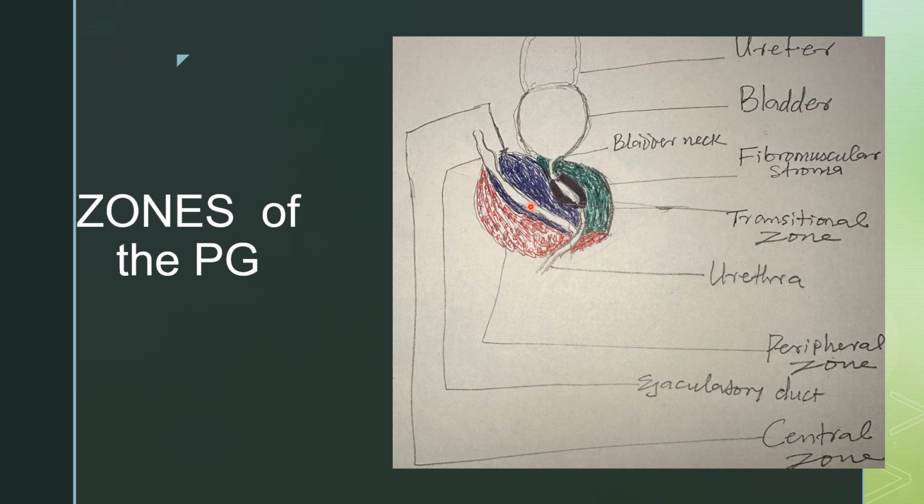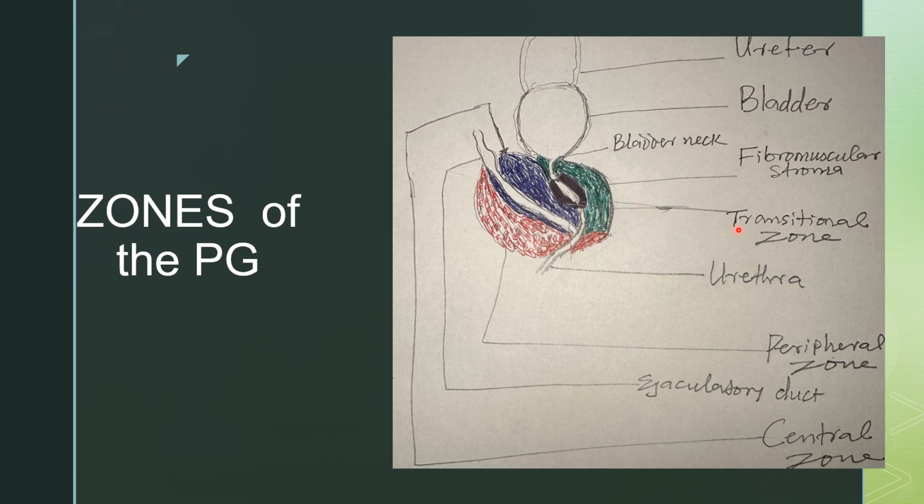So finally, the prostate gland has 4 zones: fibromuscular stroma, transitional, peripheral, central. The ejaculatory duct is passing through the central zone.